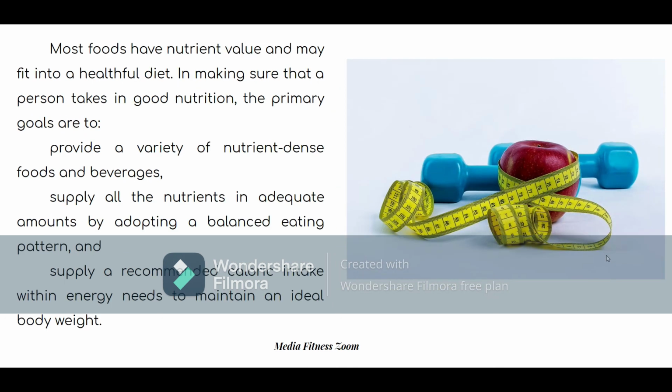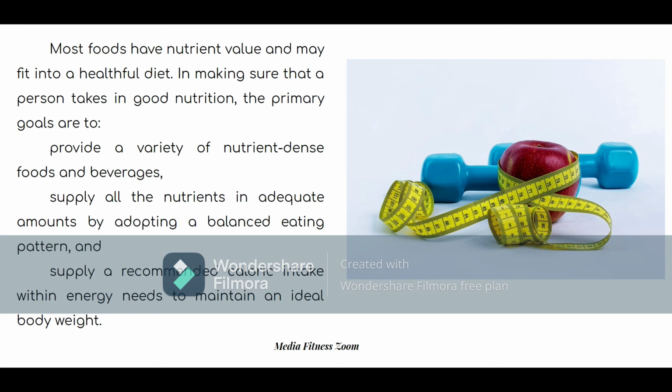Most foods have nutrient value and may fit into a healthful diet. In making sure that a person takes in good nutrition, the primary goals are, firstly, to provide a variety of nutrient-dense foods and beverages. Second, to supply all nutrients in adequate amounts by adopting a balanced eating pattern.